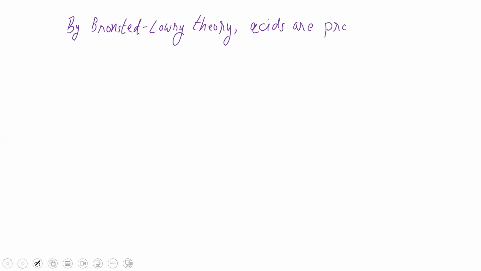According to Bronsted-Lowry theory, acids are proton donors, proton meaning H plus.